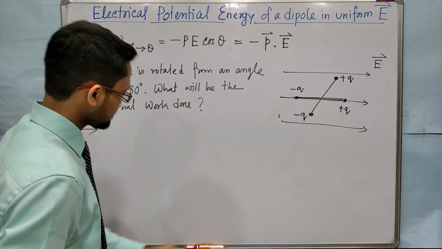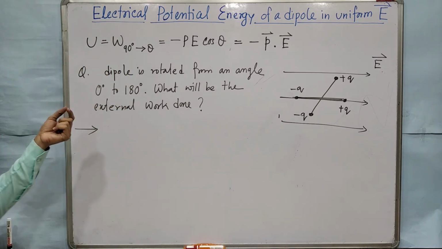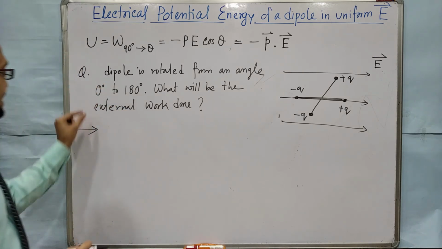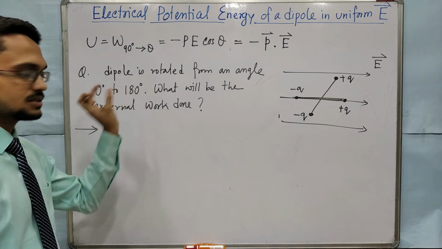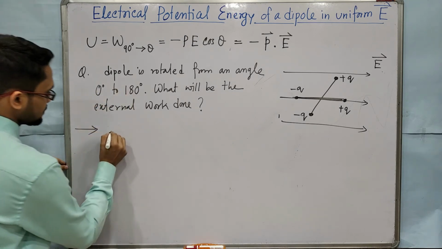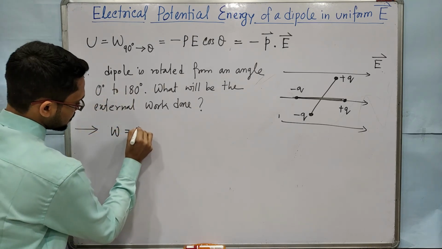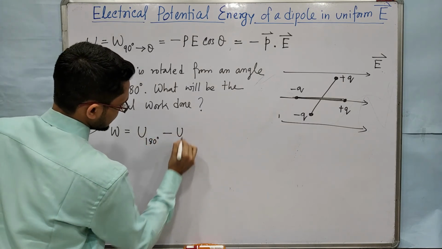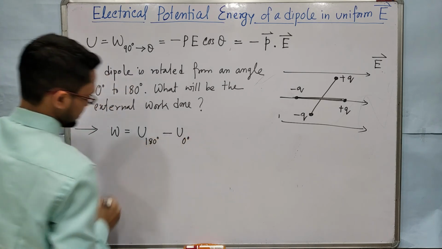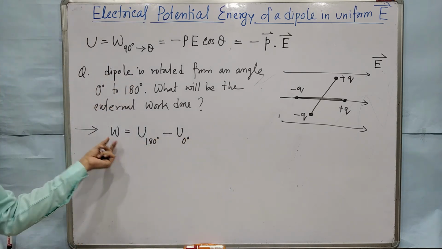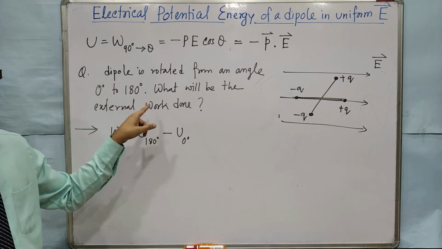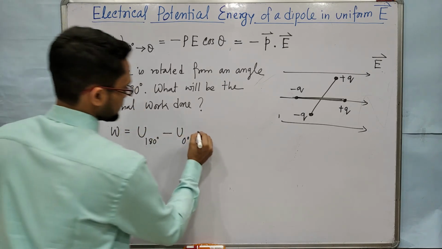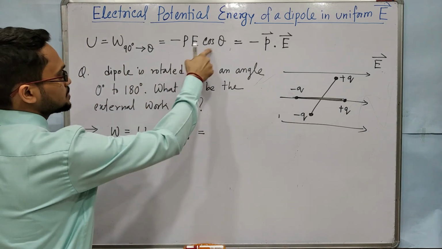How will you solve? Here you will see which one is the initial position and which one is the final position. Here initial position is 0 degree, final position is 180 degree. And work done means potential energy at final position minus potential energy at initial position. Here work done is for rotating the dipole from 0 to 180. So 180 is the final position minus 0 degree is the initial position. The formula is minus pE cos theta.